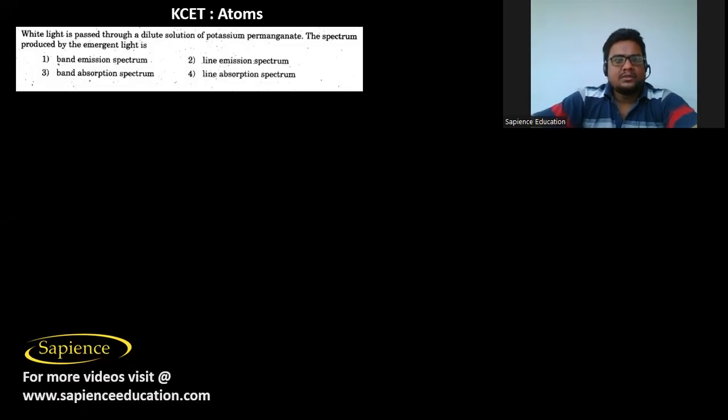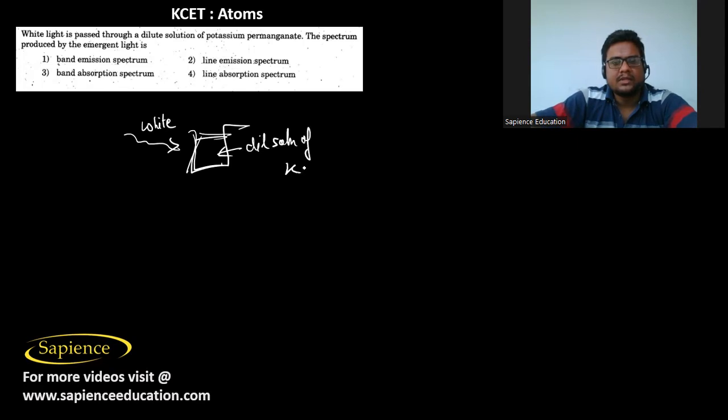Then here it is told white light is passed through a dilute solution. We have a dilute solution of potassium permanganate, KMnO4.